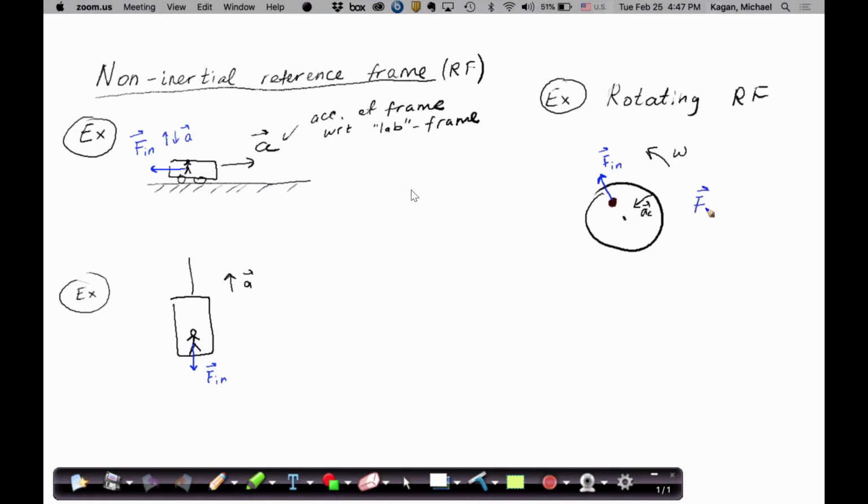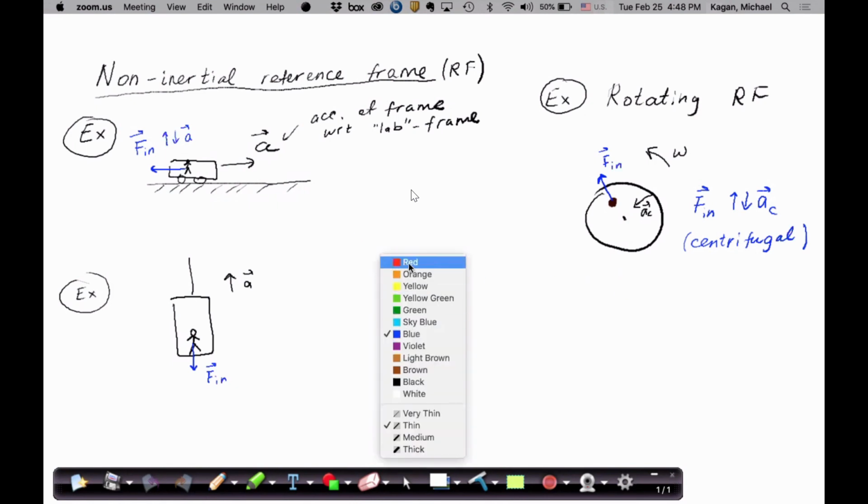But the main feature of all forces of inertia is that they are antiparallel to the frame's acceleration. In this particular case, this is away from the center. It's called centrifugal. Centrifugal means away from the center. But again, keep in mind, centrifugal force is not a real force. It's a fake force of inertia. In fact, let me put this down.